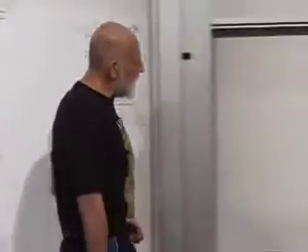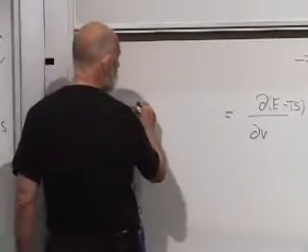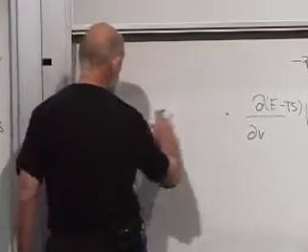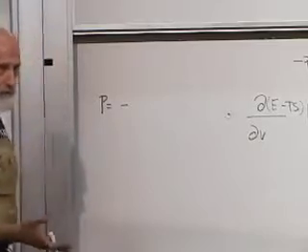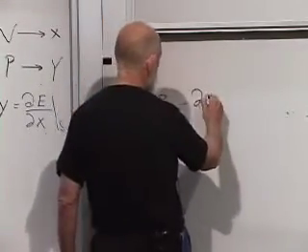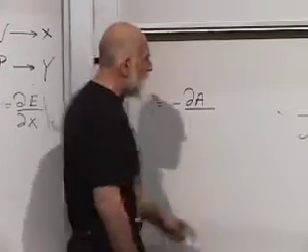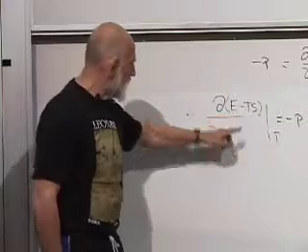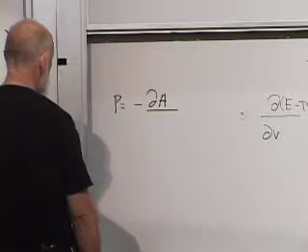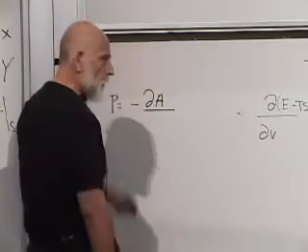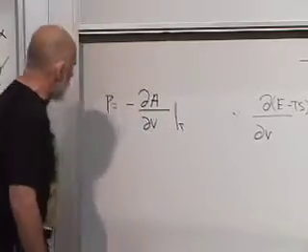So we now have a lovely theorem that says that pressure is equal to minus the derivative, not of the ordinary energy, but of the Helmholtz free energy with respect to the volume at fixed T. I think I've got it right.